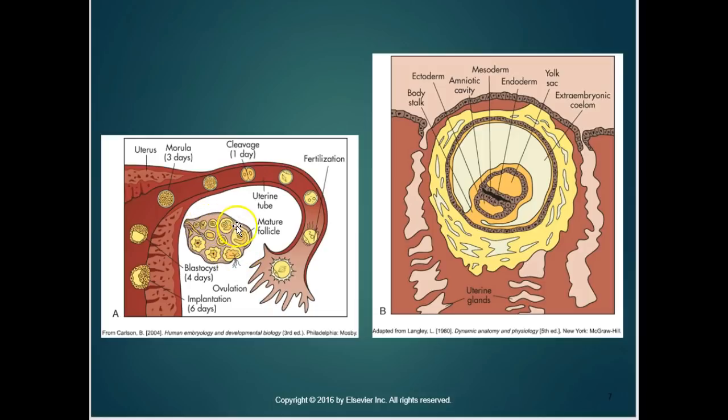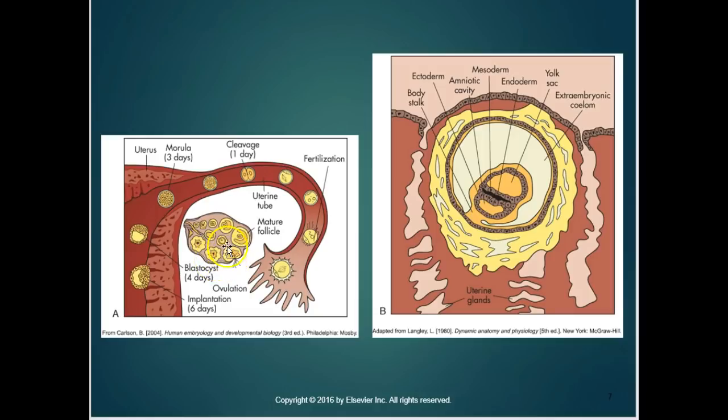As it grows, it's going to expel about halfway through the cycle, and then now this egg is going to go into the fallopian tube, and what was around the egg is now called the corpus luteum. So now you have this corpus luteum that will continue to encourage the ovary to secrete estrogen and progesterone until the placenta takes over after the first trimester.